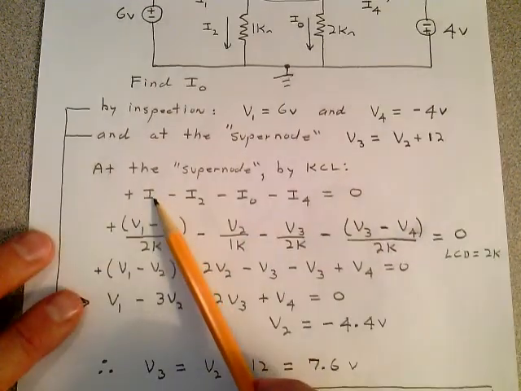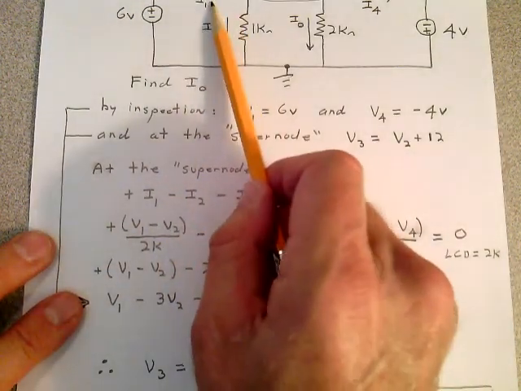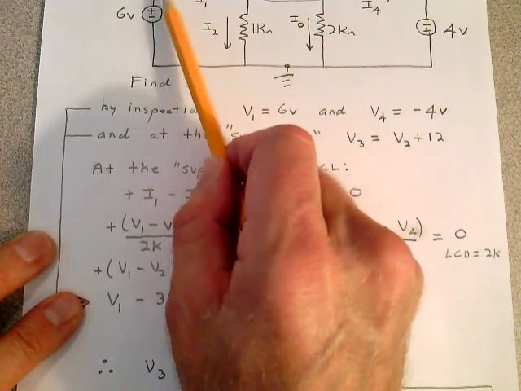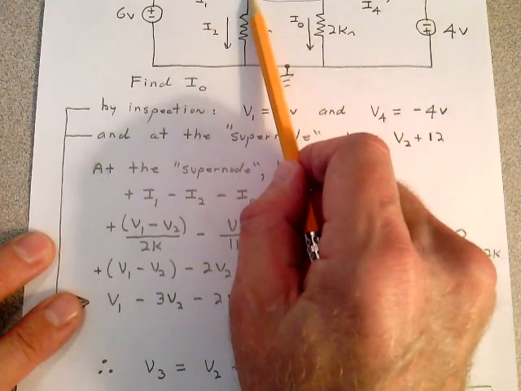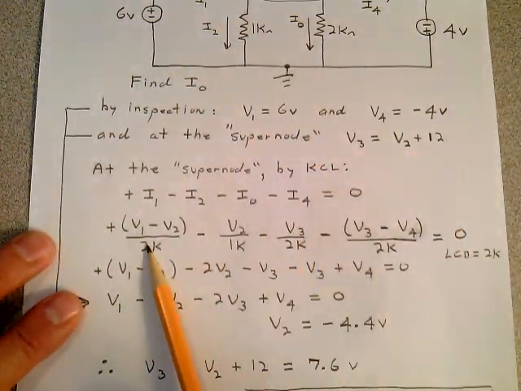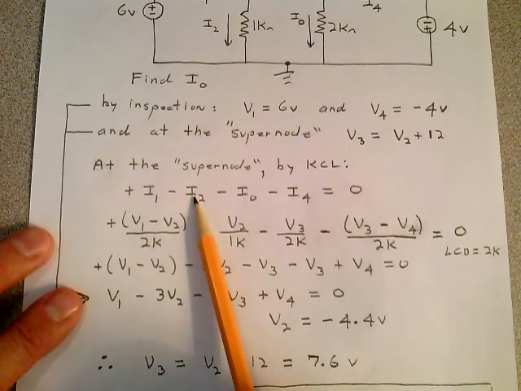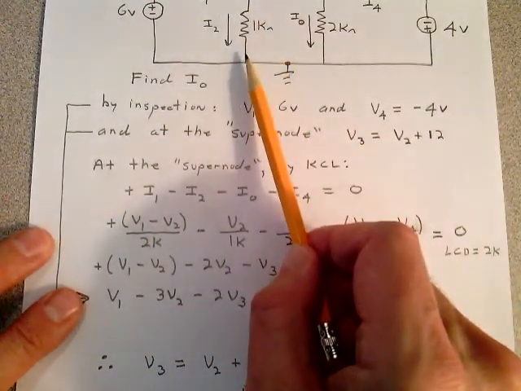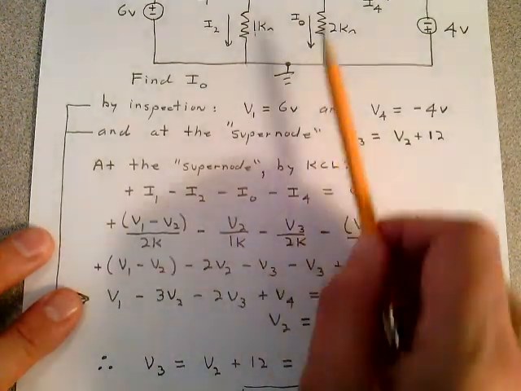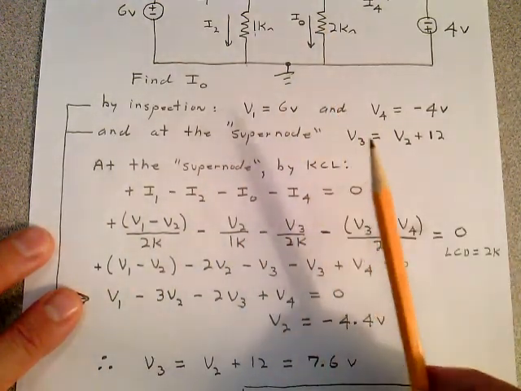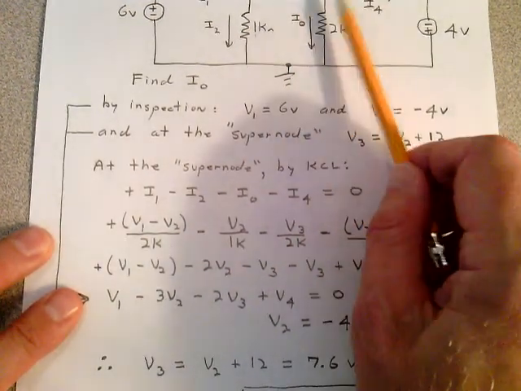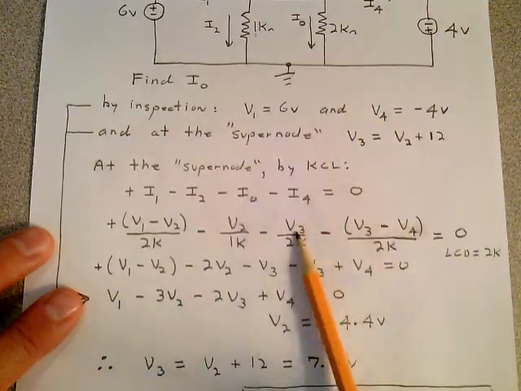If you take a look, what is I1? I assigned the current in this direction, so this is the more positive. It's V1 minus V2. That's where you use this now. V1 minus V2 over 2K. What is I2? I2 is V2 minus 0 over 1K. What is I0? I0 is V3 minus 0 over 2K.